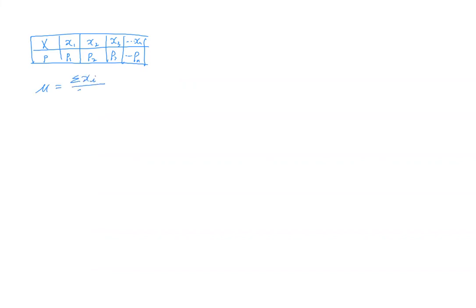Okay, I just want to let you know that if I have a probability distribution table, if you read the book, okay, now we know that if we want to count the mean, the formula is sum of xi pi over sum of pi.